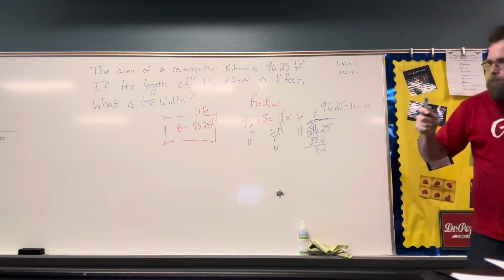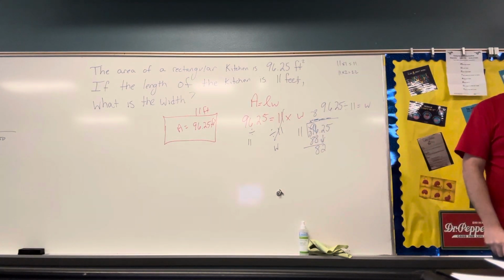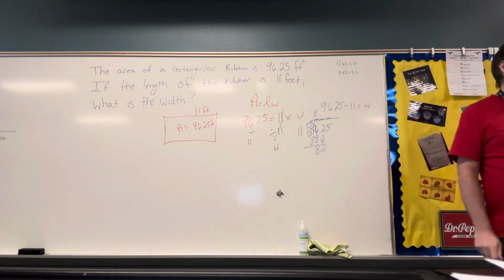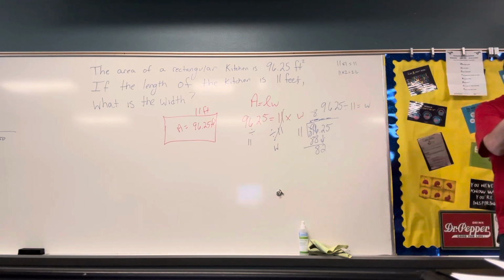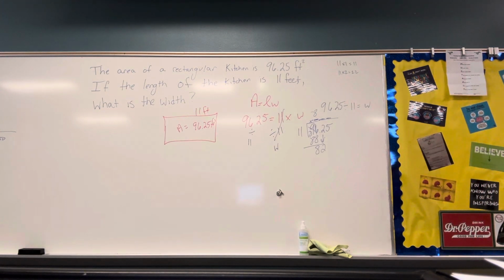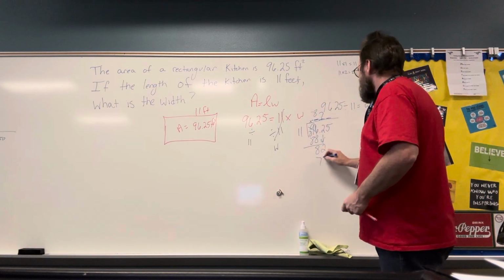Now, Nadia, does 11 go into 82? How many times? 11, 22, 33, 44, good, 7. 7 times. And 7 times 11 is 77.